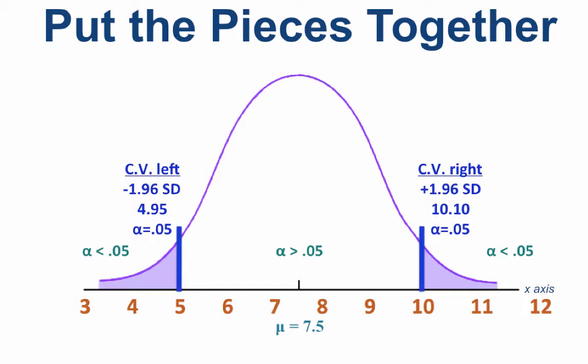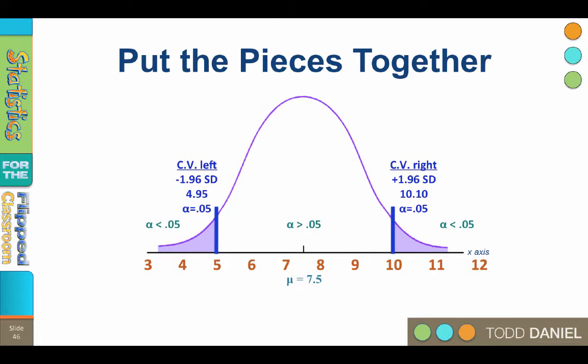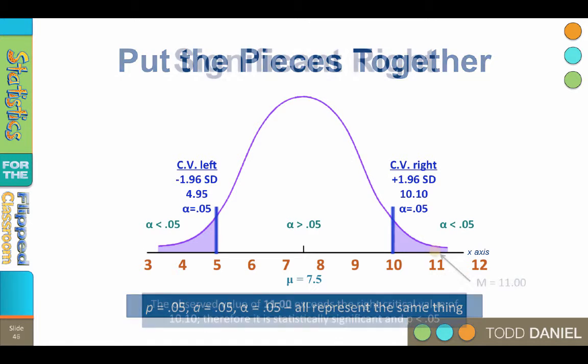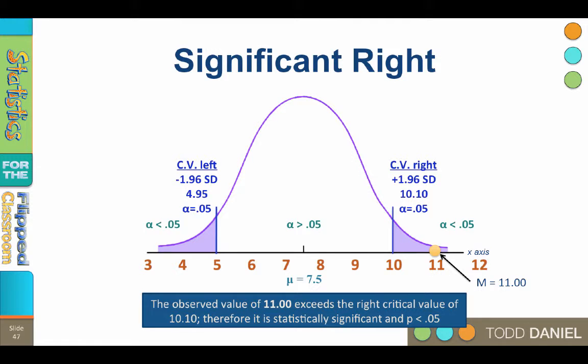The probability of finding a score far from the mean outside of the left fence is less than the cutoff of 0.05. Alpha is less than 0.05. And because different terms can be used, p equals 0.05, a equals 0.05, and alpha equals 0.05, all represent the same thing. Let us interpret the findings for our baby weight example.